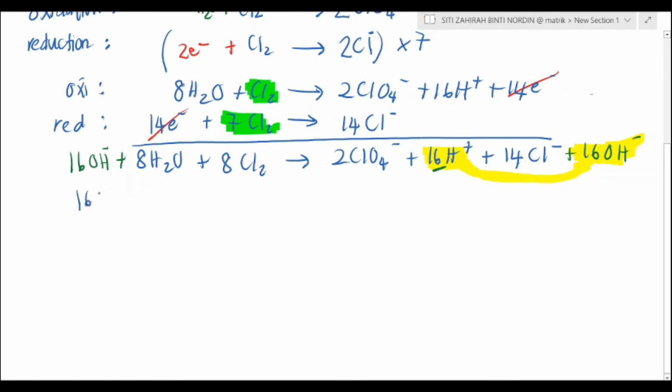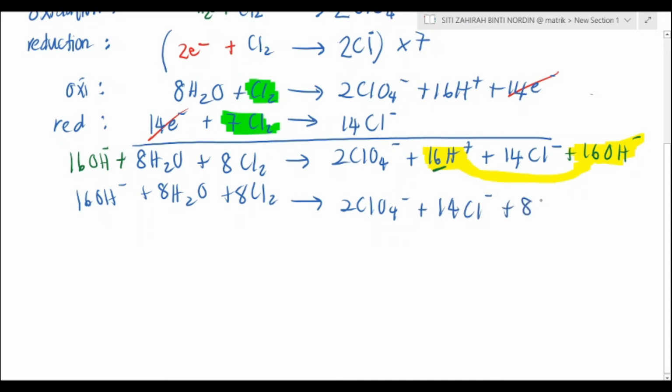So you have 16 OH minus plus 8H2O plus 8Cl2 to form 2ClO4 minus plus 14Cl minus plus 16H2O.